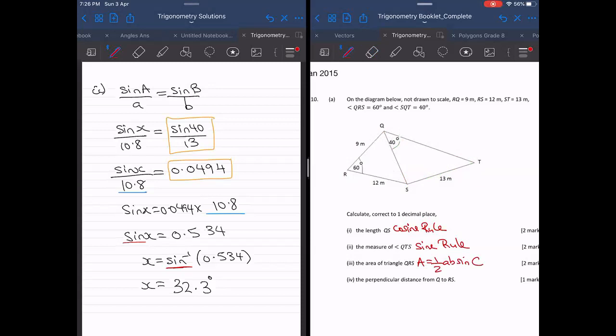All right, so the area of triangle QRS, while I wait on questions. It's a non-right angle triangle, so it's going to be a half AB sine C. I just need the angle and the two sides making the angle.